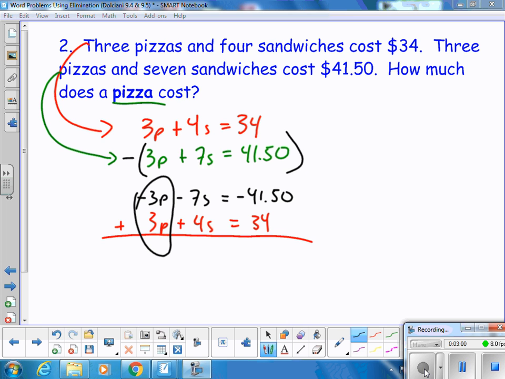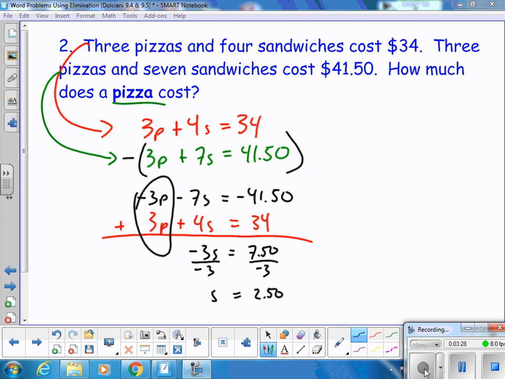I can do some elimination here. Let's see where we're at. That would be negative 3s equals 750, divided by negative 3. S equals 250. I'm going to go back and look at my negatives here, just to make sure I have them all. First one's the negative.